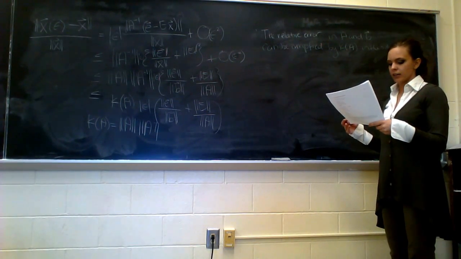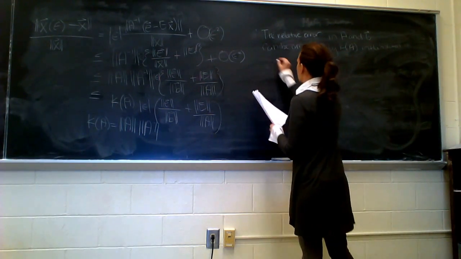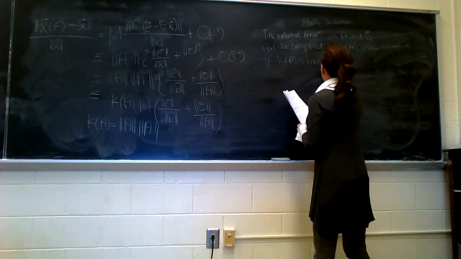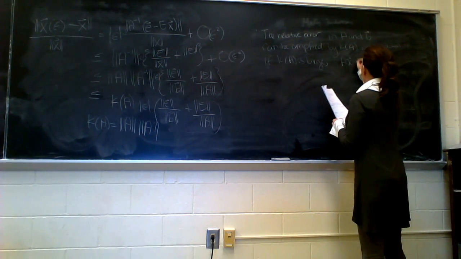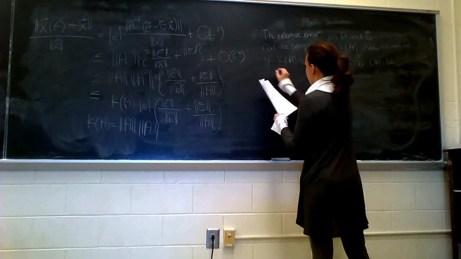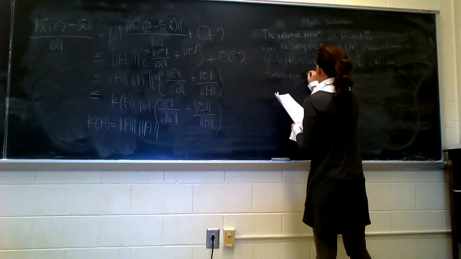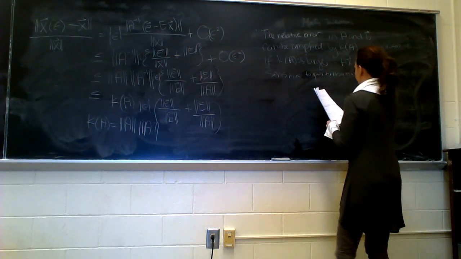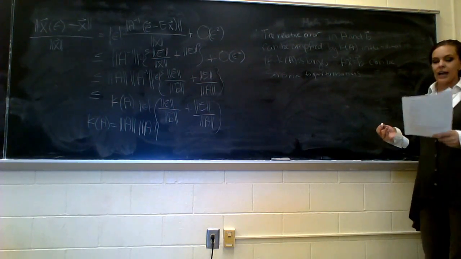And to define, so if the condition number is large, AX equals B can be sensitive to perturbations. So in this case, we say that A is ill-conditioned.